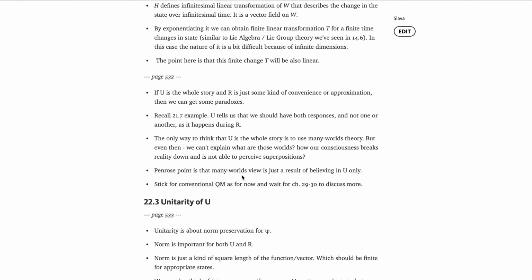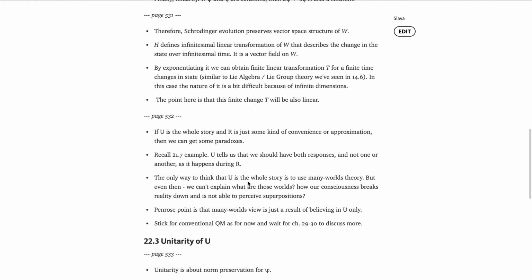There's a lot here, and I wonder if we can explore some of the philosophy around it, because it's really interesting that in order to get the R process as it's used in standard quantum mechanics, usually we consider that the detector or the measurement device, whatever it is, is a classical system. And that's what ends up collapsing the wave function, so that we get a particular value measured.